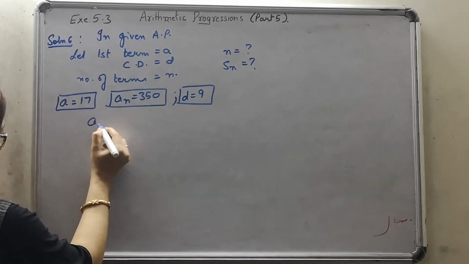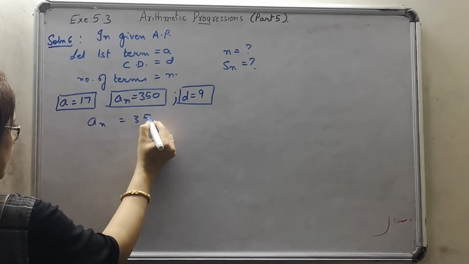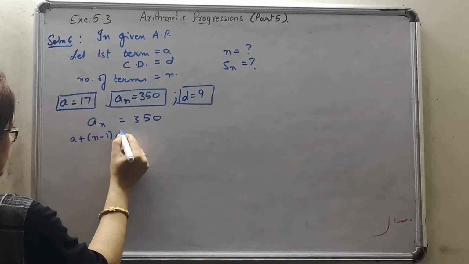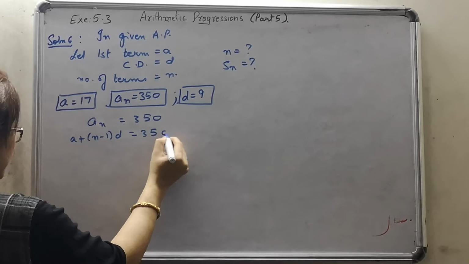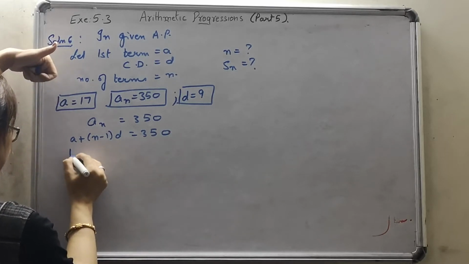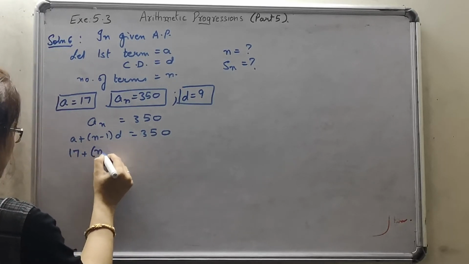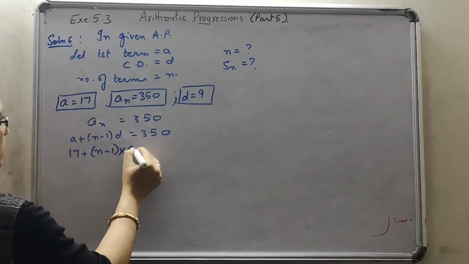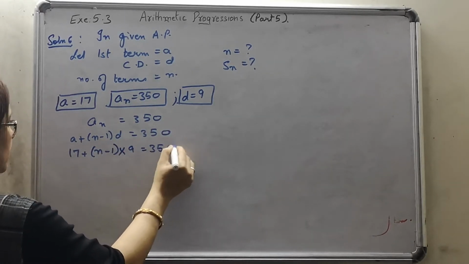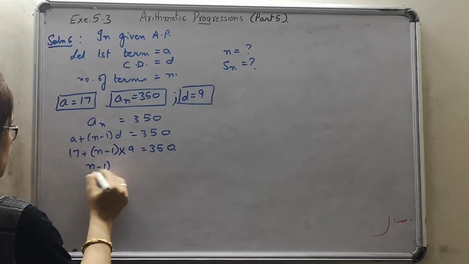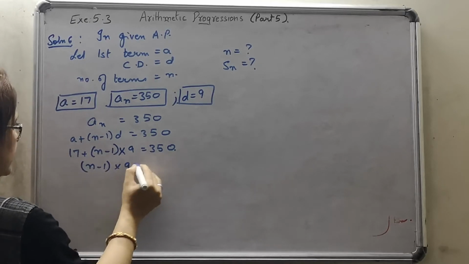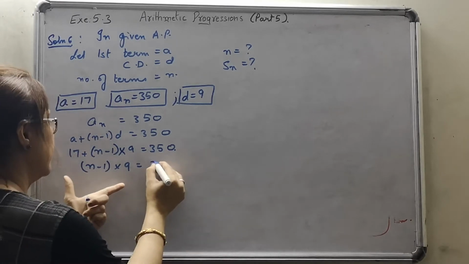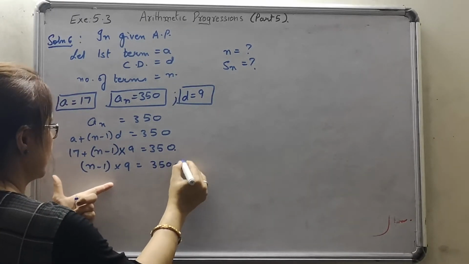So here it goes. an is 350 implies a plus (n minus 1) into d is 350. Let's find out the values. a is 17 and d is given to be 9. (n minus 1) into 9, here the 17 will go to the other side because it is added in the bracket expression. Terms that are added and subtracted first go to the other side.